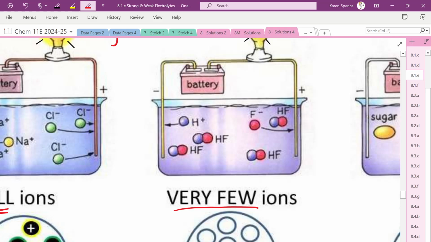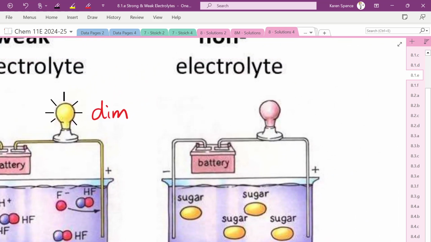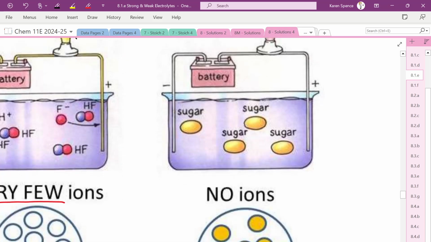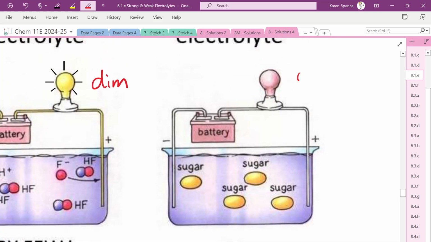Most of the acid is undissociated. And so our light bulb is dim. And then finally, we have a non-electrolyte where none of it dissociates, and so there are no ions, and so the light bulb is off. Yes?